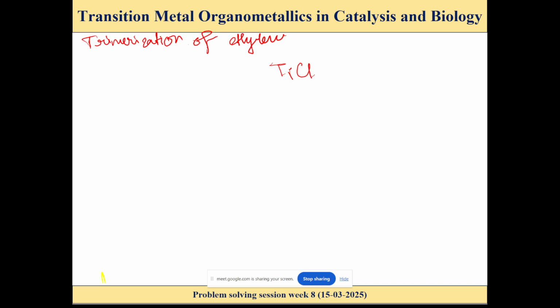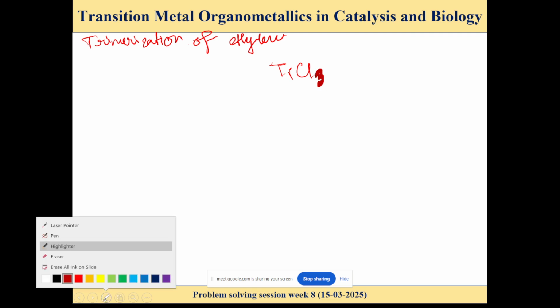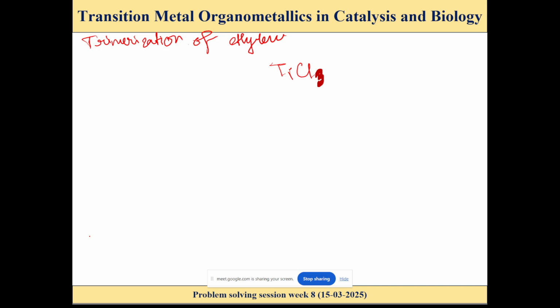This TiCl3 will react with two ethylene molecules and coordinate as Cl3Ti, forming a five-membered metallacycle ring.